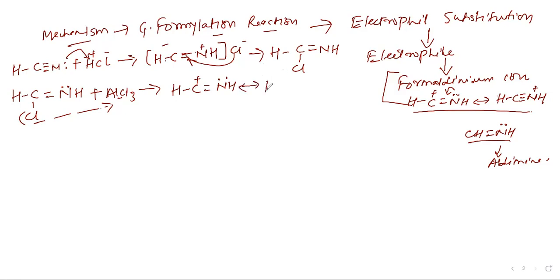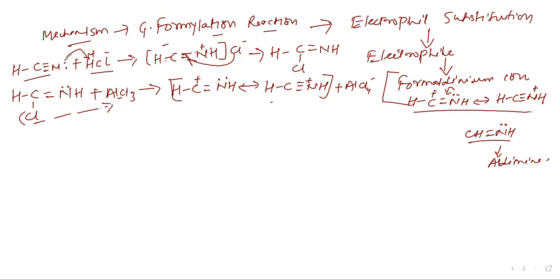So you have HC, and the positive charge is shared between nitrogen and carbon. Now this is your formaldiminium ion, and it is formed from HCN and HCl.